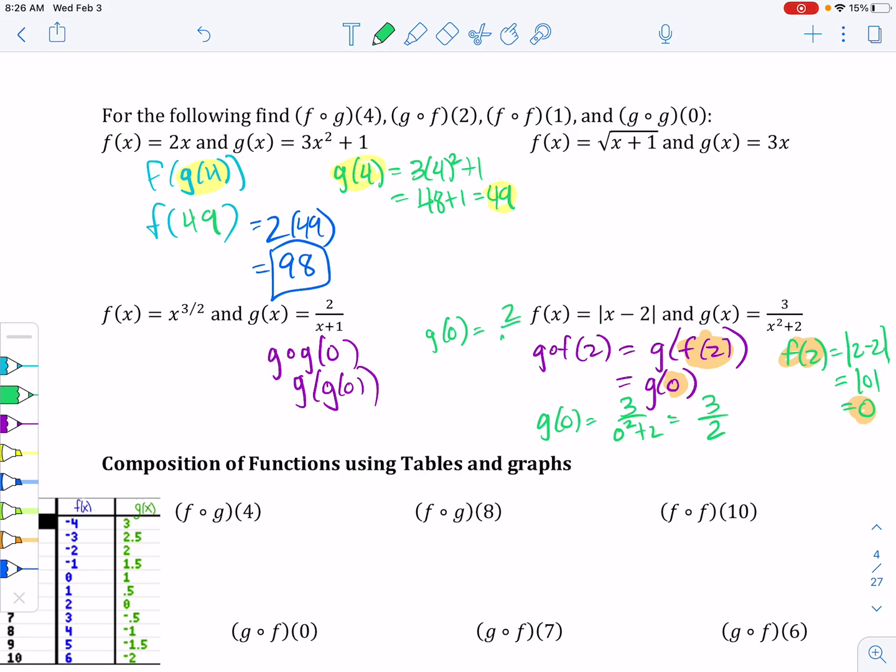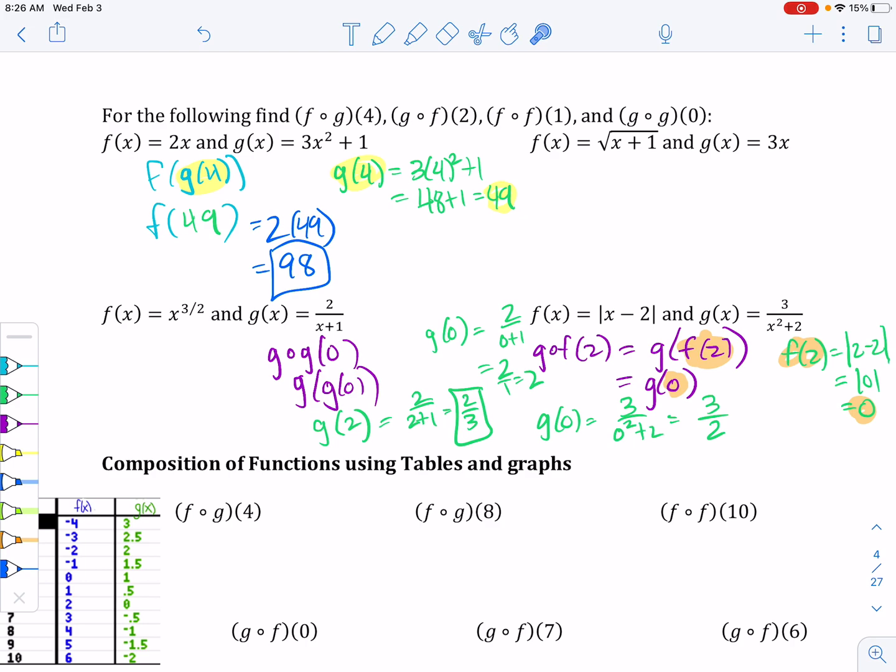That gives me 2 over 0 plus 1, which gives me 2 over 1, which is 2. Then I'm going to plug in 2 again for g, but it's a different number. So this gives me 2 over 2 plus 1, which gives me 2 over 3. So our g of g of 0 is really 2/3.